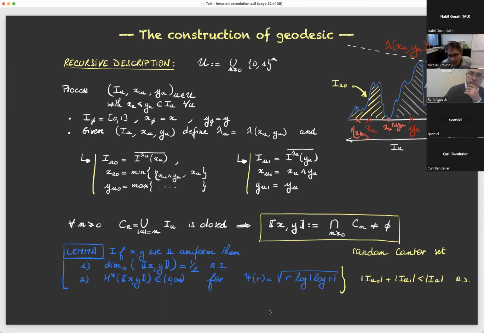This gauge function is exactly the same that you use for the zeros of Brownian motion. You take Brownian motion, you know that it has a local time at 0. And you can recover this local time at 0 by looking at the set of points where it touches 0. It is a perfect set, and you can measure it with a Hausdorff measure, which is exactly the same as that one.